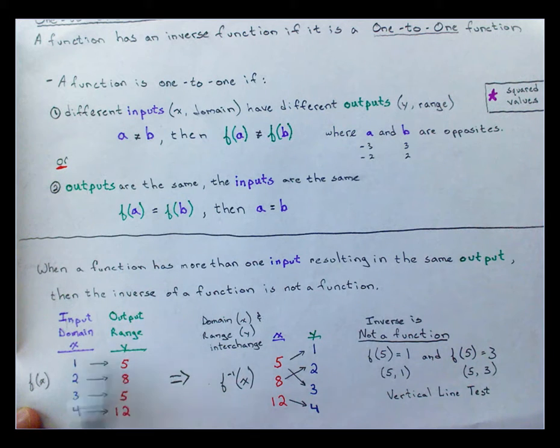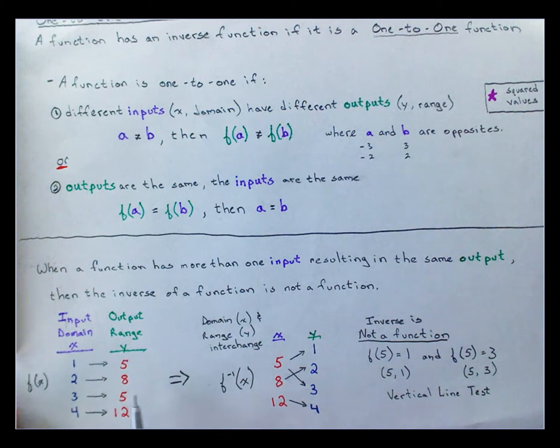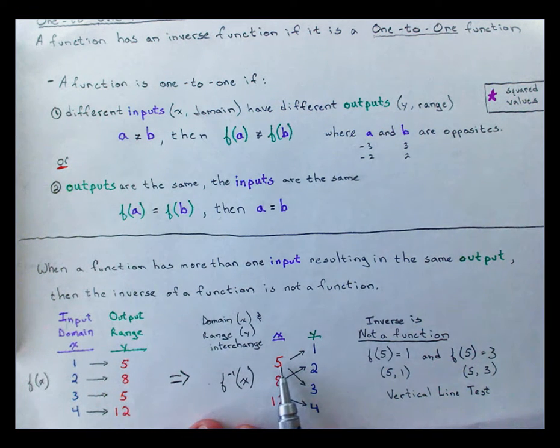But since I have two values of 5 in my range, remember I reverse my range and domain for an inverse relationship, so I end up over here saying 5 is 1 and 5 is 3. This inverse relationship is not a function because the domain limits it.